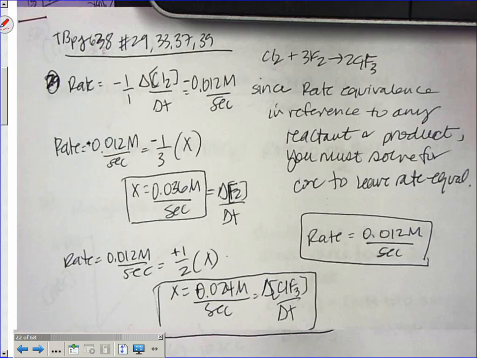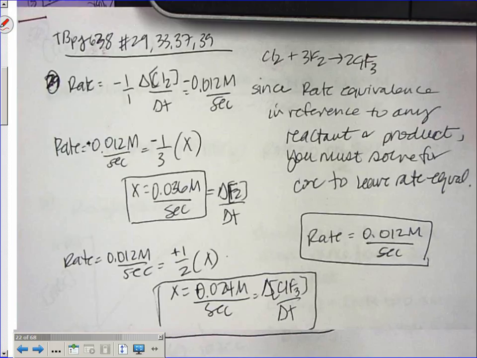And so if you're trying to figure out the rate of consumption of the other reactant, you can see the ratio is 1 to 3 there, so you implement a 1 and 3. This is why I specifically wanted to go over this one, because I wanted to see what you guys could relate, but this is a good method of doing this. So you check your rate of chlorine, but that's related to fluorine in a 1 to 3 ratio. So in this case, you put your coefficient on the bottom.